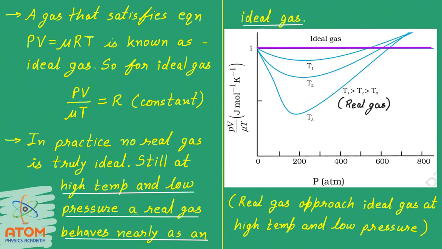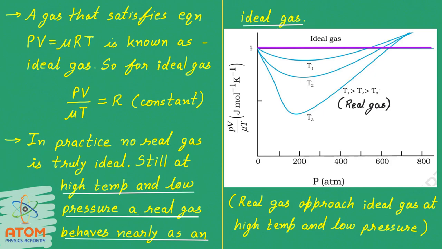Alright. Now we are going to prove this by the graph given here. See, this is a graph of PV upon mu T versus P. Look here, this axis is PV upon mu T and this axis is pressure P. Now as per this equation we can understand, for an ideal gas PV upon mu T will be R and R is a constant.